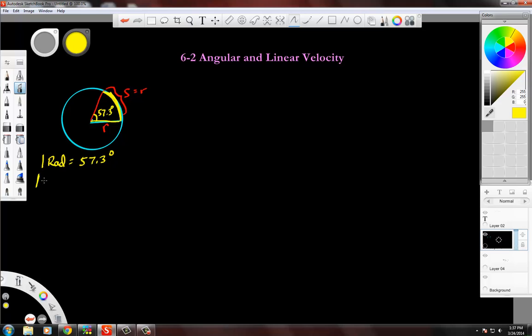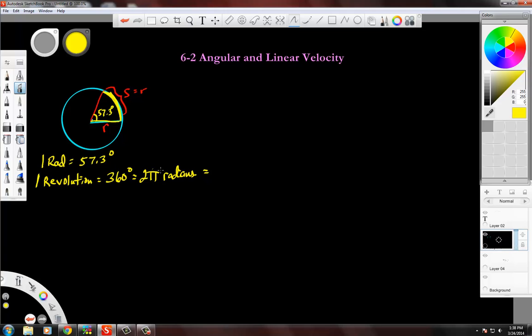Some more stuff here. One rotation, or what we're going to call today, one revolution, equals 360 degrees, and it's also equal to 2 pi radians, which is equal to 6.28.